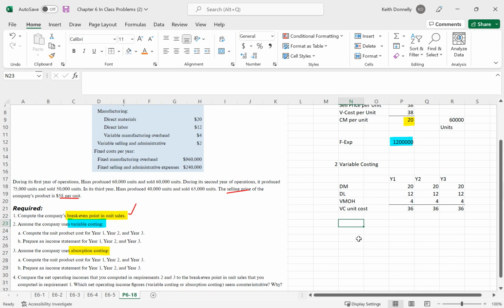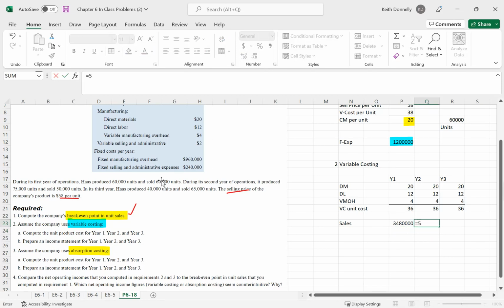So we're going to have our sales. It looks like we sell it for $58 a unit. During its first year they produced 60,000 and sold 60,000, so we have 58 times 60,000. They sold 60,000 in year 1, and we're looking at 348 there.